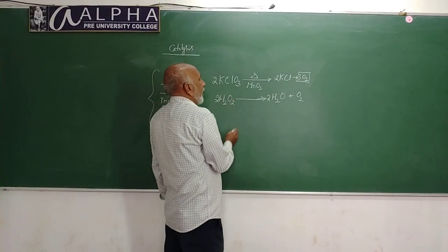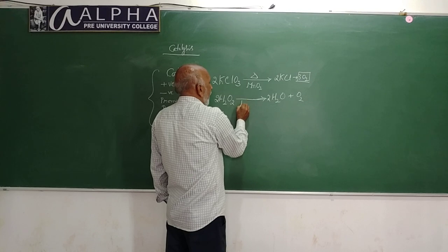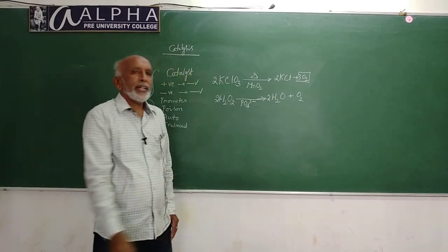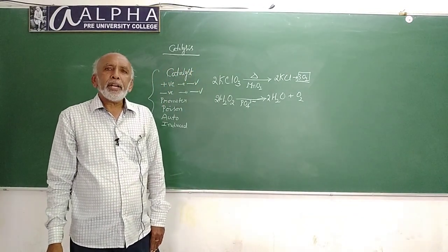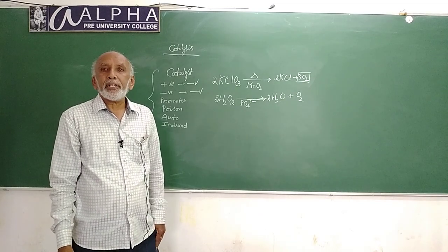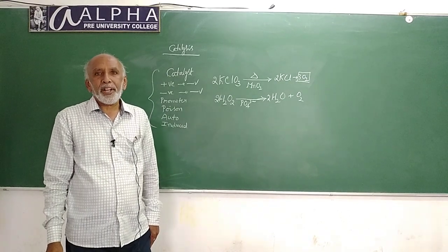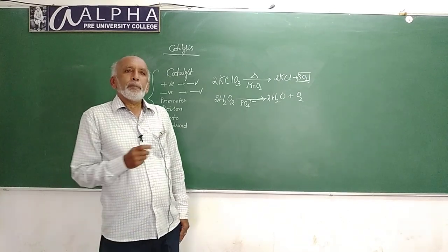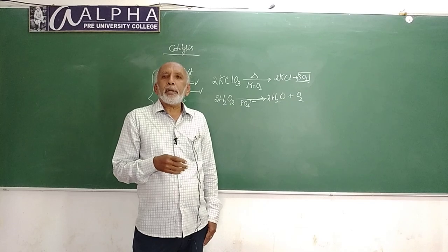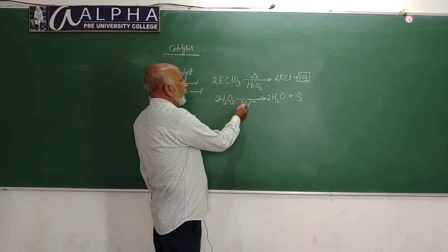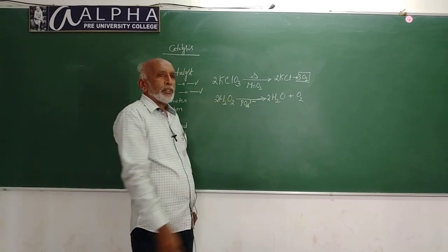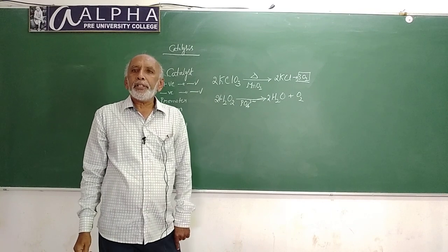In this case, the phosphate group acts as a negative catalyst. Any phosphate acts as a negative catalyst. Even a little amount of sulfuric acid acts as a negative catalyst for the decomposition of hydrogen peroxide. Sometimes hydrogen peroxide is mixed with chloroform, carbon tetrachloride, etc. to reduce its thermal decomposition. So here, the phosphate group acts as a negative catalyst in the decomposition of hydrogen peroxide into H2O and O2.